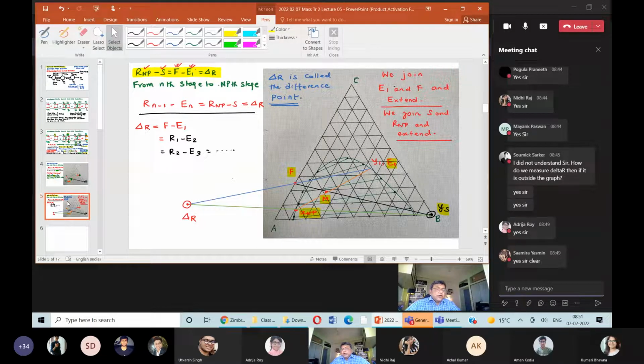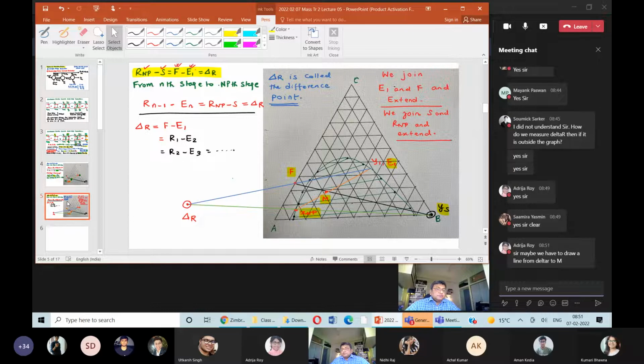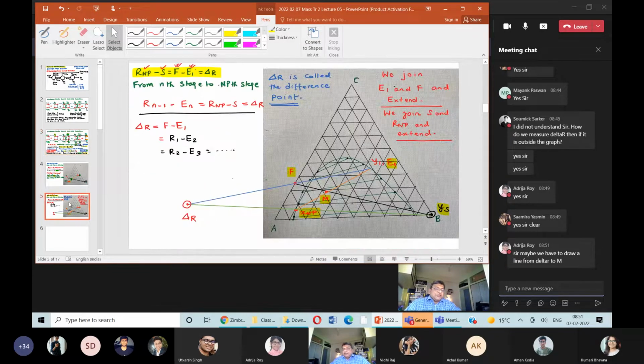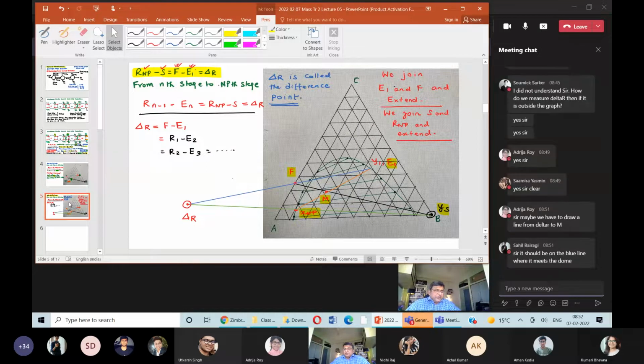Can you locate the point R1? No, Odrija. No. You do not need to draw anything from M to get R1. Please do not forget that R1 and E1 are in equilibrium, or Y1 and X1 are in equilibrium. So when you give this answer, you have got a little carried away with this construction.